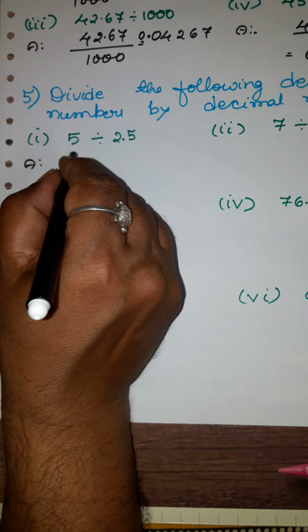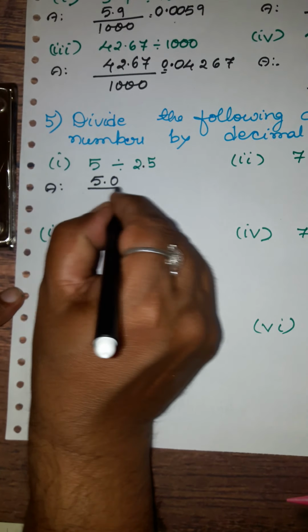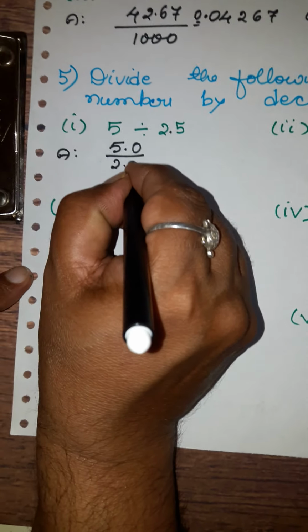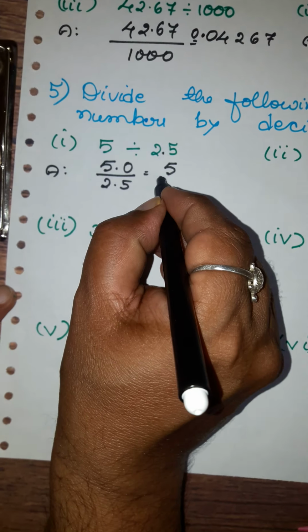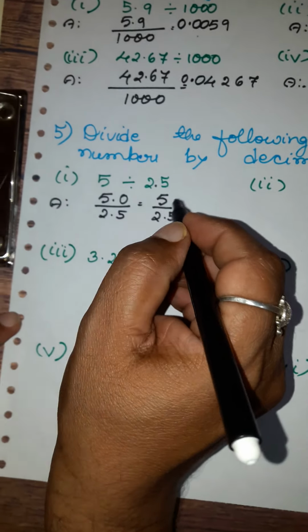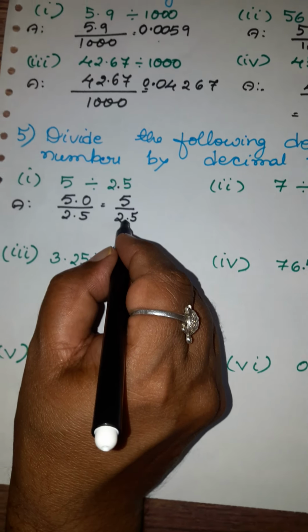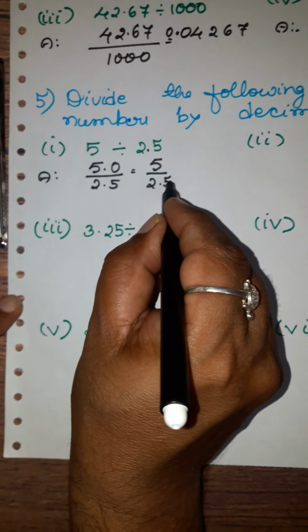Now here let us divide the decimals by decimals. We can write this 5 as 5.0, 2.5 as 2.5. So that is equal to 5 divided by 2.5. Now I want to move decimal point to the right by 1 place.